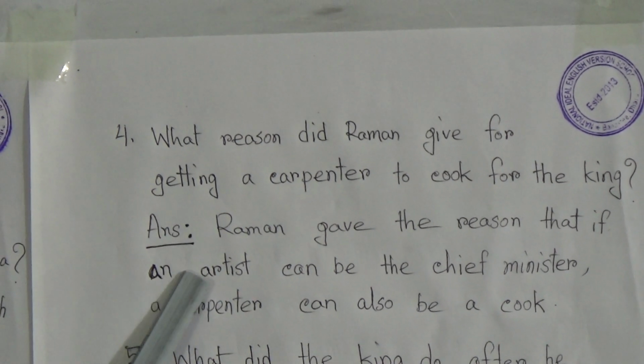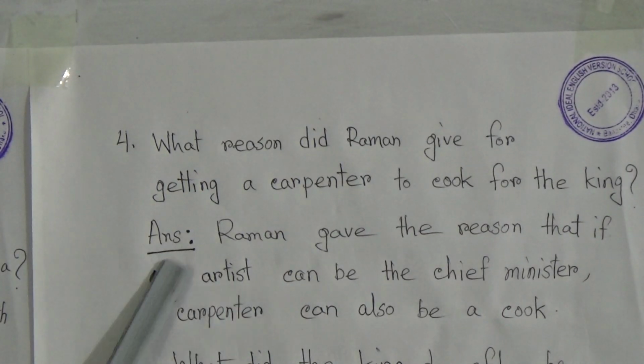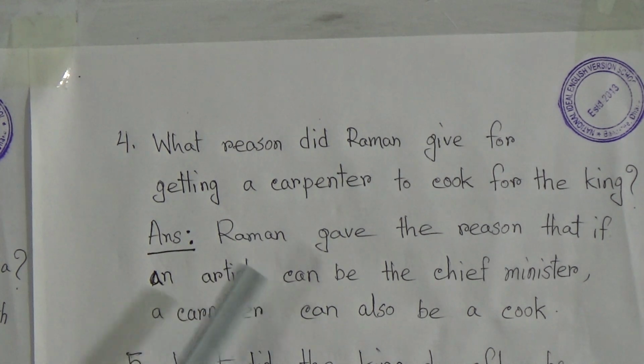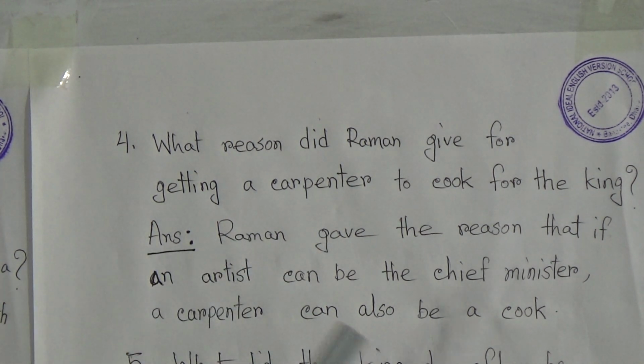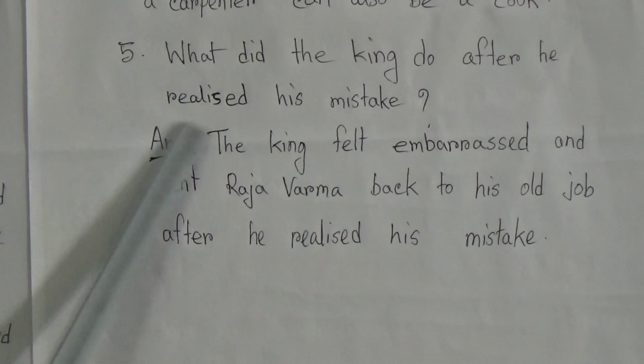So the answer is, Raman gave the reason that if an artist can be the chief minister, a carpenter can also be a cook.